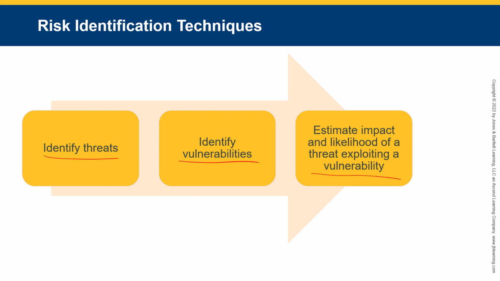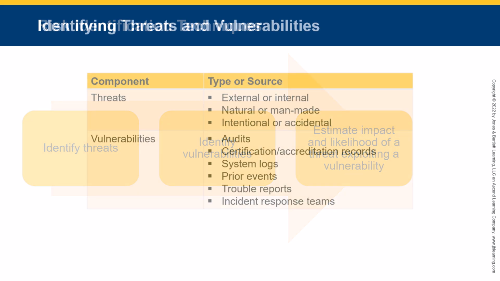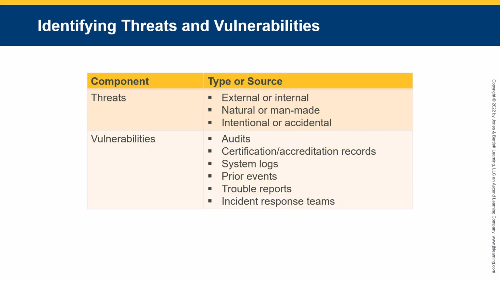So again, we have to identify them, and some of the ways we do that is looking at sources. So if we're talking threats, they could be inside threats, external threats, natural or man-made. Natural could be, depending on context, maybe the threat could be a tornado. It could be flooding. It could be a tsunami, depending on where you're at.